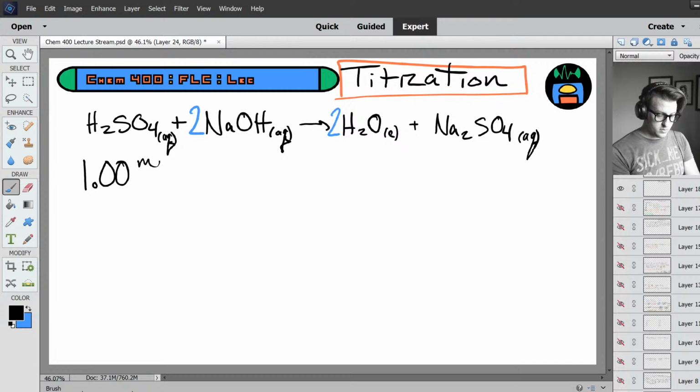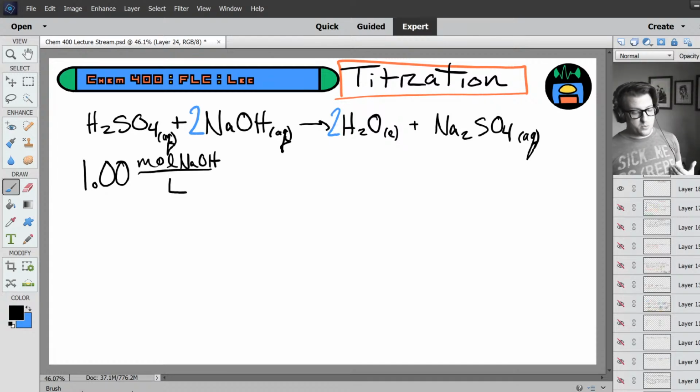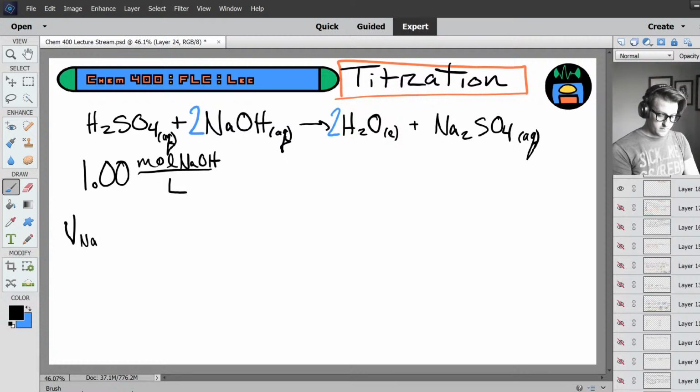It's 1.00 moles of NaOH per liter. All right. So if we want to find moles of sodium hydroxide, we need to know what our volume is, right? And to find our volume of NaOH, you take your final burette reading, V2, and subtract your initial burette reading.